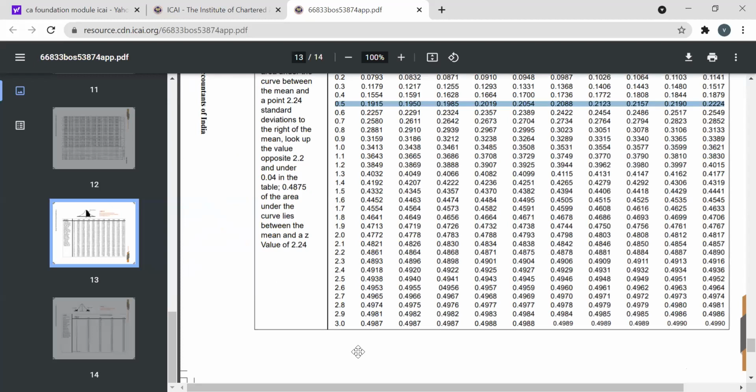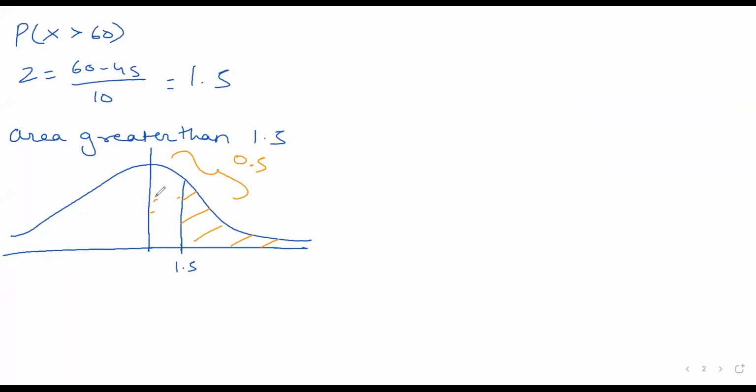This area is 0.4332. You want this area, that is, the probability that x is greater than 60, which is 0.0668.